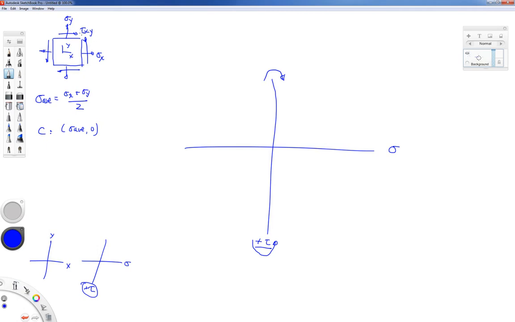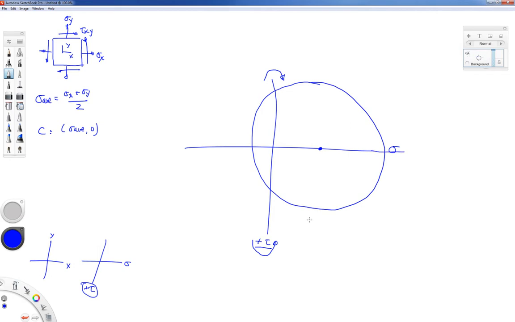So some things we know about our Mohr circle is that the center of the circle is located at sigma average, comma 0, and that it has a radius of capital R. Now I'm going to try to draw in a circle. I may have to move the center of my circle if it doesn't look good. Okay, as far as my circles go, that's not too bad.